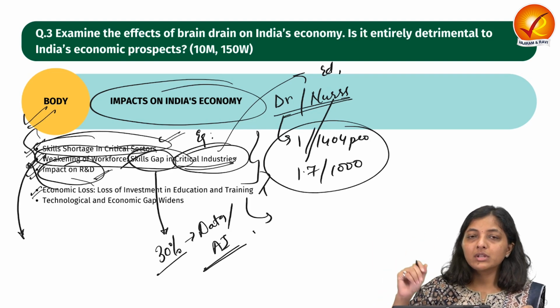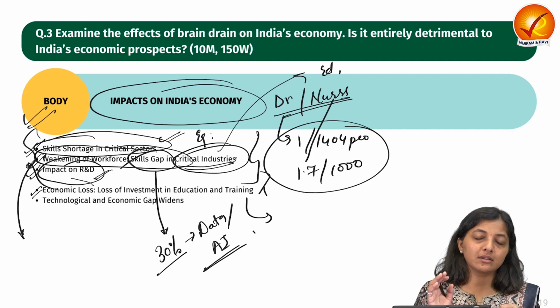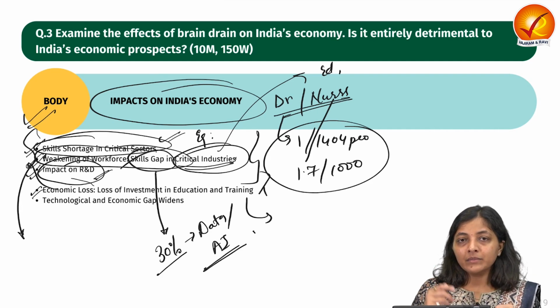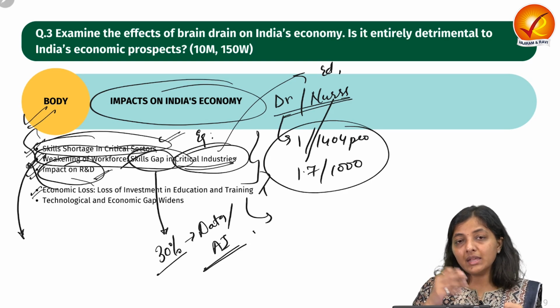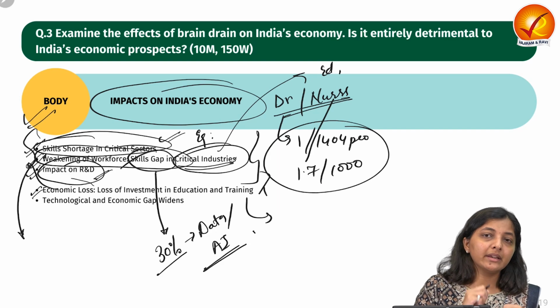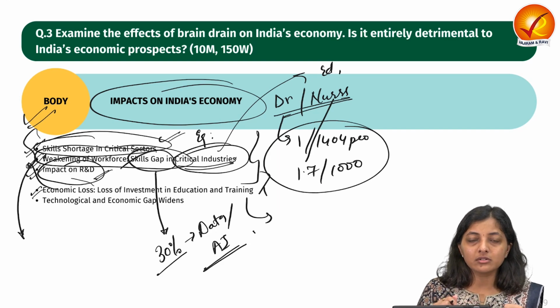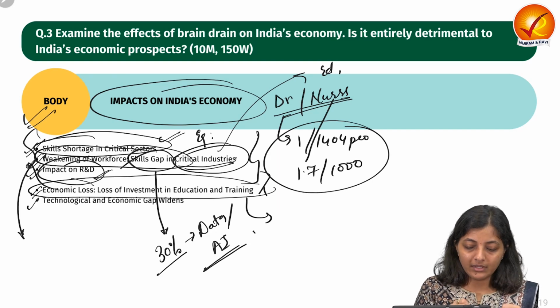Now they are moving to other countries, which means the whole investment India has made has gone in vain. Second, as they move to other countries, they are not paying taxes in their home country. Third, they could be potential entrepreneurs or skill developers in India, and India has lost that also. So all these things cause economic loss for the country.